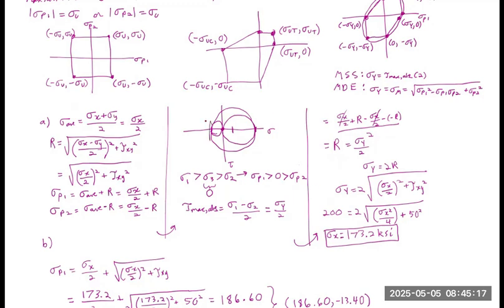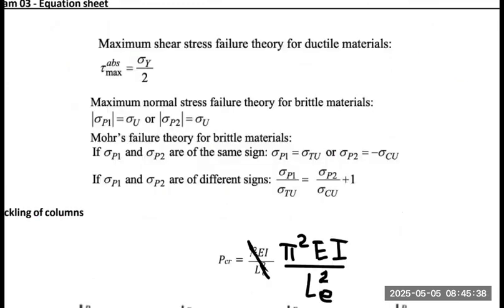That's why one of them is on the negative sigma axis and the other one is on the positive sigma axis. Because of that, we're going to use the second formula we saw here: sigma P1 over sigma TU is equal to sigma P2 over sigma CU plus 1.